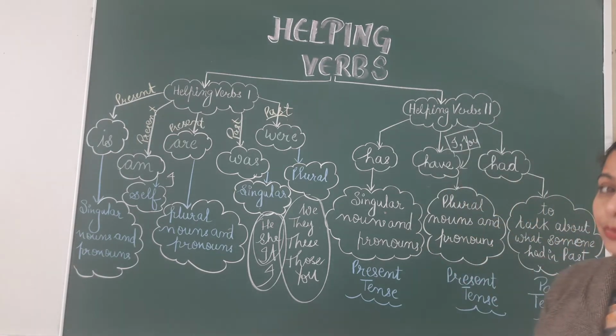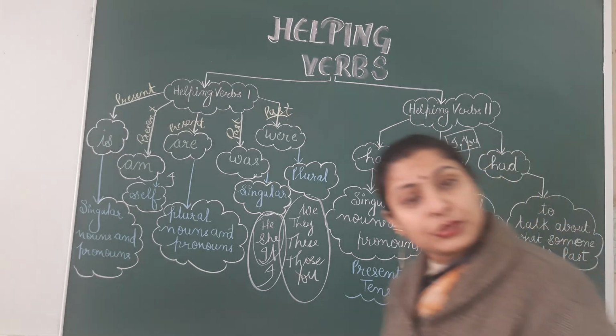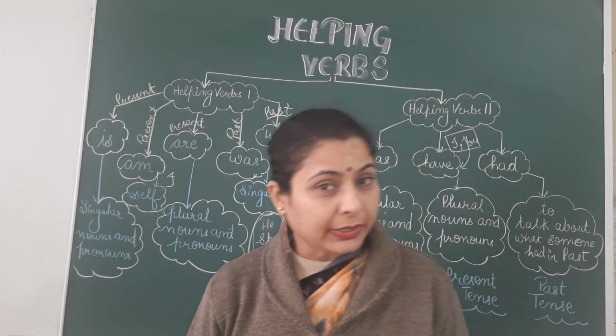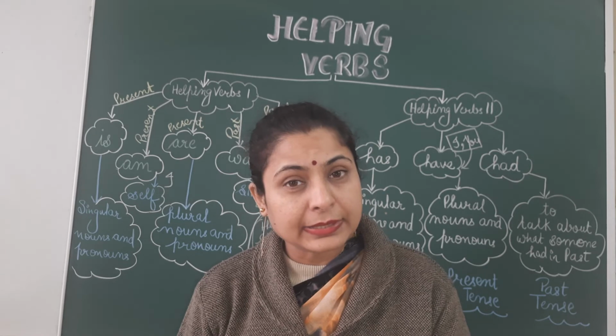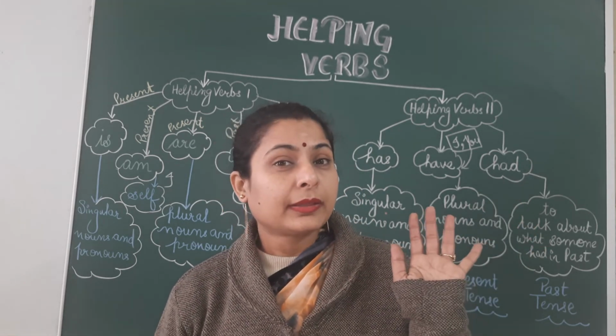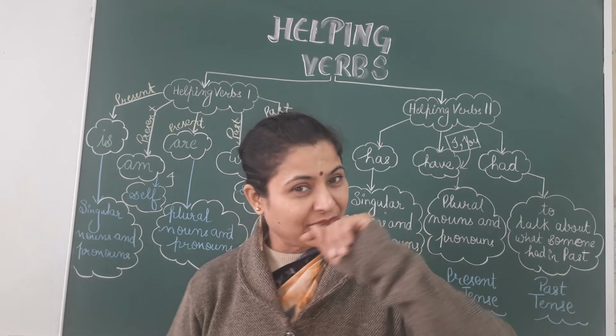Okay? Now, let us learn the use of word had. Now, had is used in the past tense sentences. It means the action or the happening of the sentence is finished now, has gone. That is why one small poem for has, have, had also.